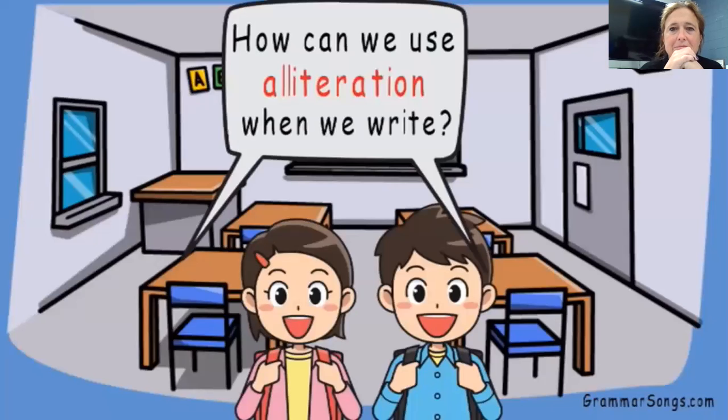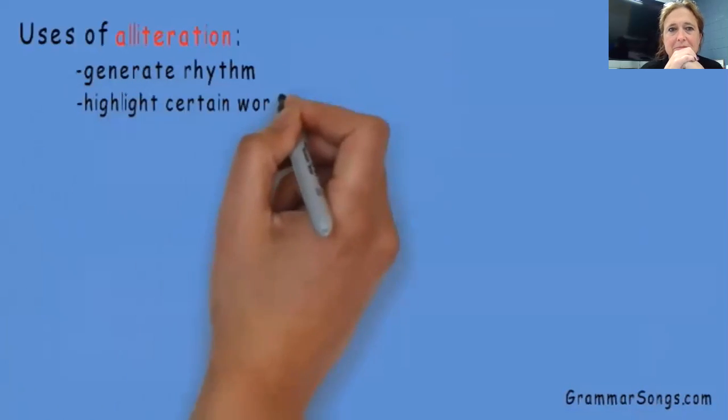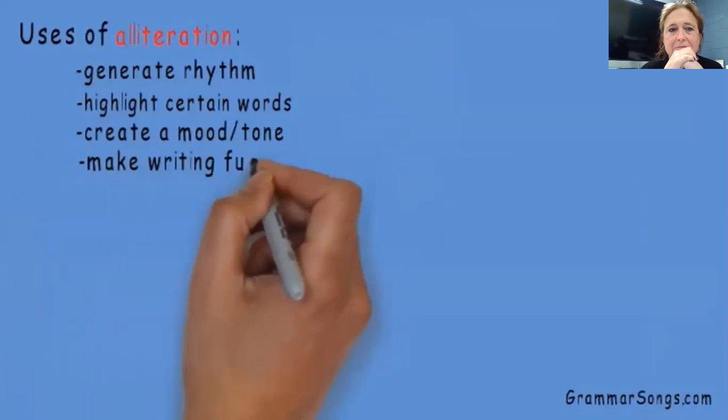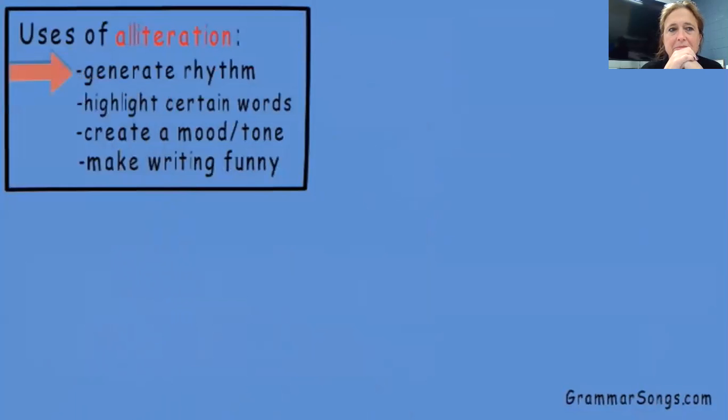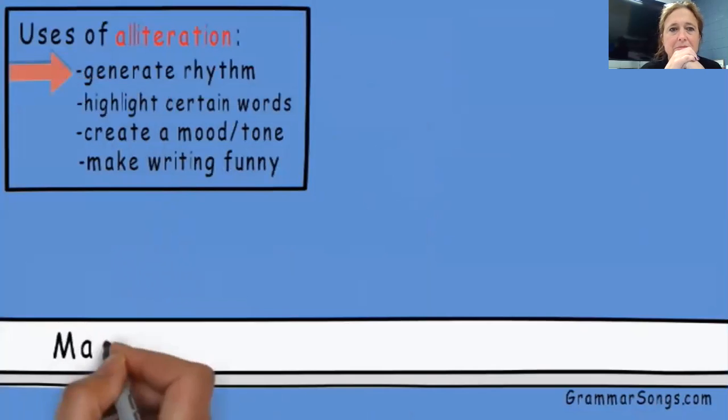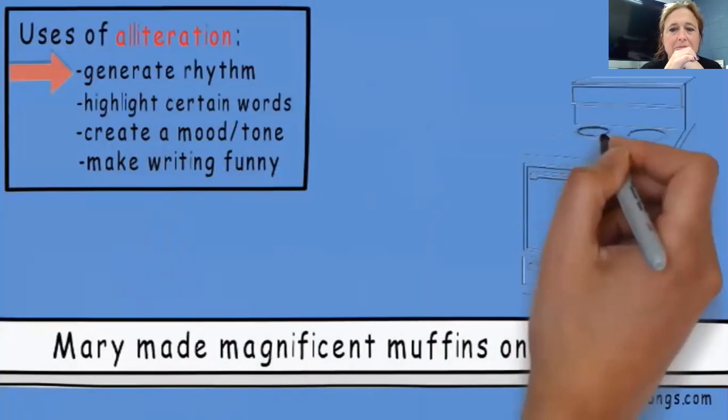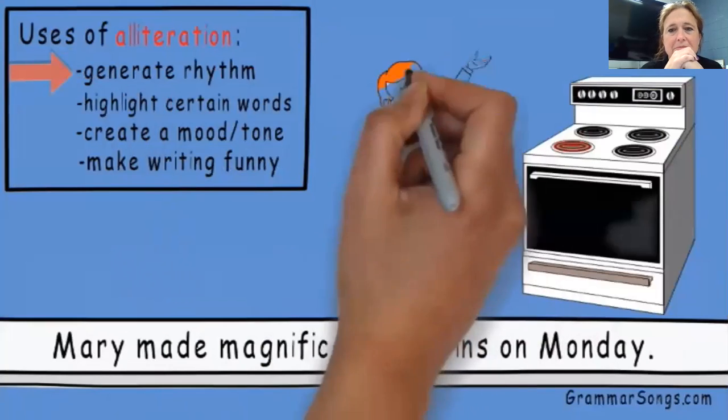So how can we use alliteration when we write? Great question. Let me show you. Alliteration can have a different impact on the text or a different experience for the reader depending on how it is used. As in a tongue twister, alliteration can generate rhythm. Mary made magnificent muffins on Monday.